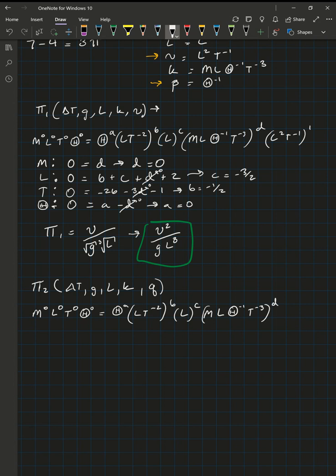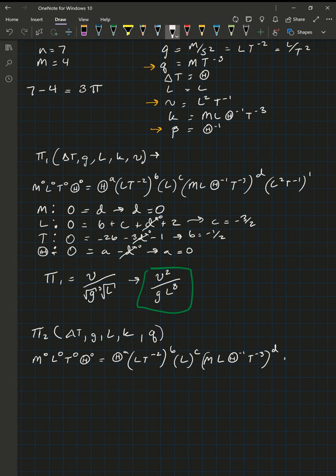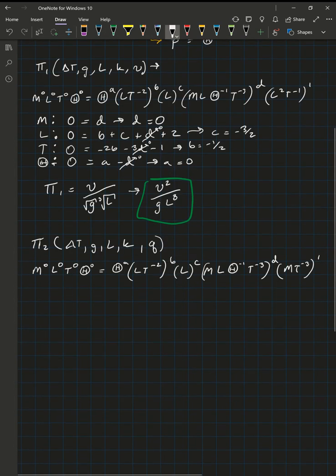And then finally, we have Q, which is going to be raised to the power of 1, but we see here Q is M T to the minus 3, raised to the power of 1. Okay, so same thing again. Isolate each dimension. 0 is equal, well, the only things that have mass in them are D, and also Q, so we have D plus 1, which means that D is equal to negative 1.